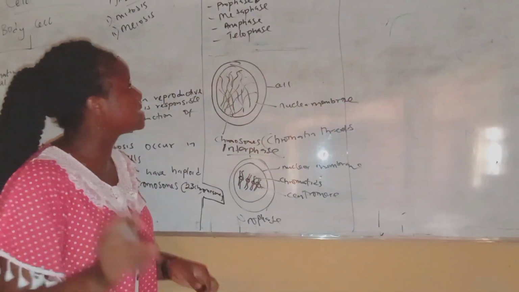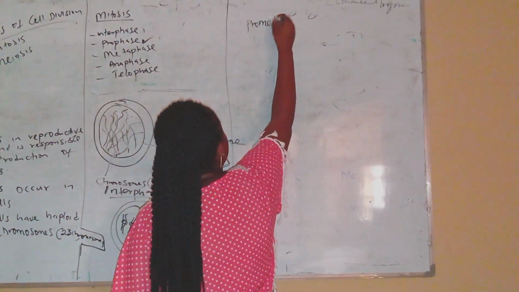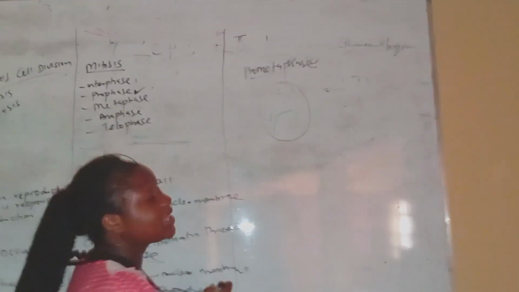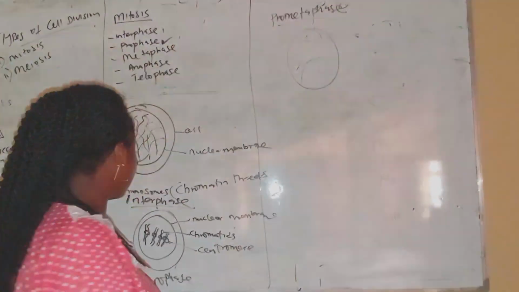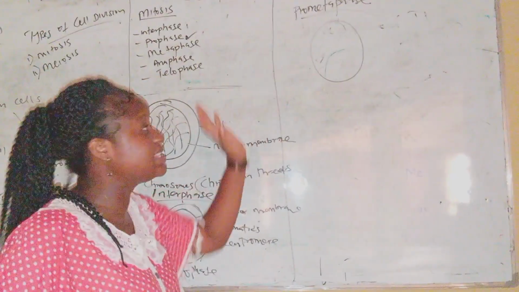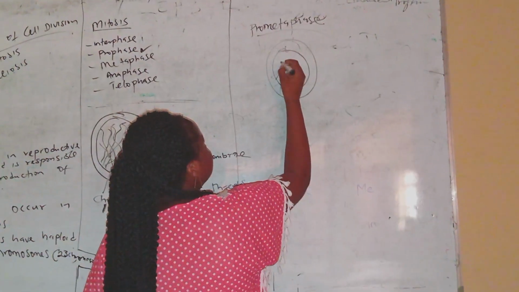Now we are in another stage known as prometaphase. In prometaphase, those chromatids I told you are not clearly seen become very clear. They are easily distinguished. So I'm going to represent it. This is what you see.